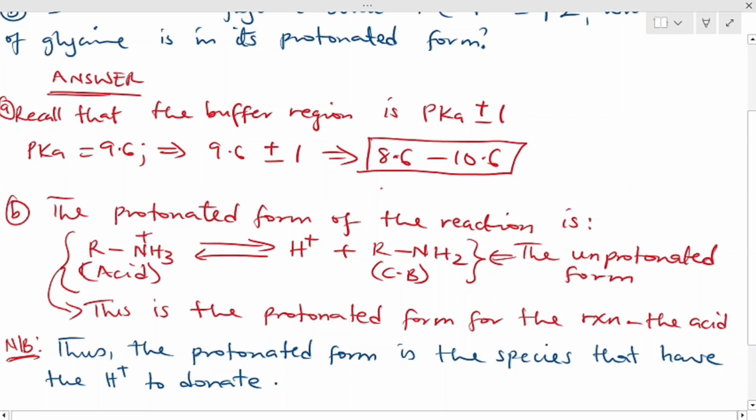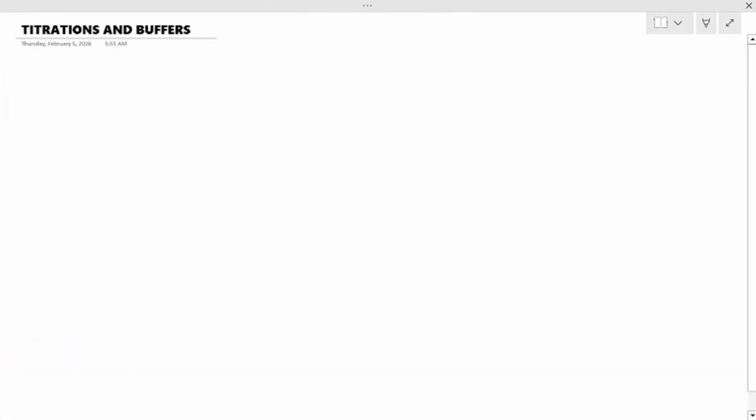So we'll continue to solve this question. From the question, they want to know the percentage of glycine that will be in its protonated form. Percentage implies a whole; it is a part of a whole, and the whole is 100%.